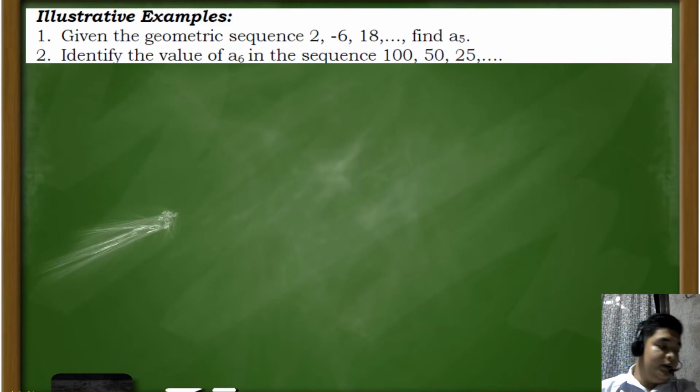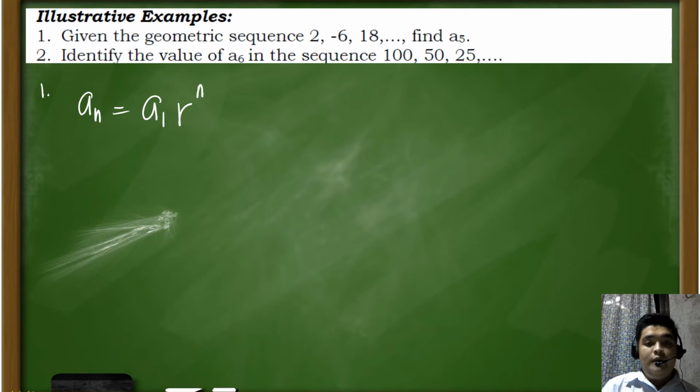Let's apply the formula to our examples. We have two examples. First, given the geometric sequence 2, negative 6, 18, find a sub 5. Again, the formula is a sub n equals a sub 1 times r to the power of n minus 1.